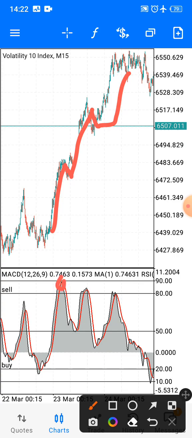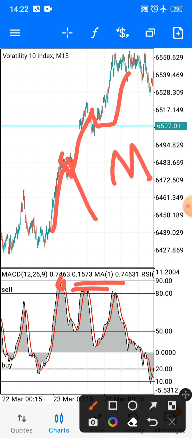It doesn't mean that since it's at the overbought level, the market is going to be selling for a long while now. Generally, if the market wants to reverse, it first creates a peak.